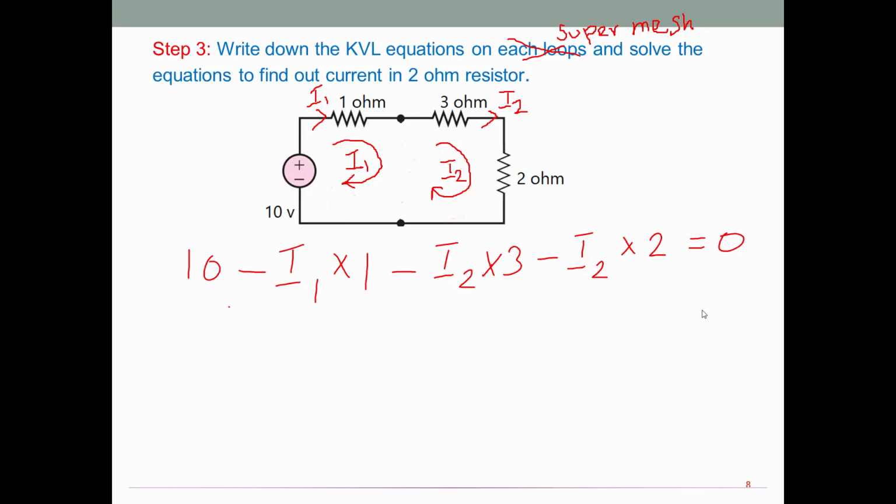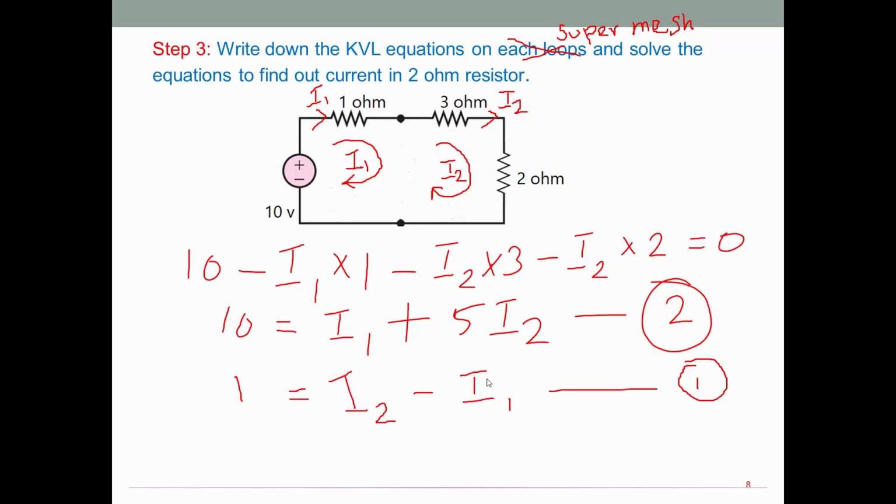So from this you may conclude 10 is equal to I1 plus 5I2. This is equation number 2. Now you solve these two equations and find the solution. How to solve these equations? I'll just copy equation 1 here. You can simply cancel I1, so that 6I2 is equal to 11.